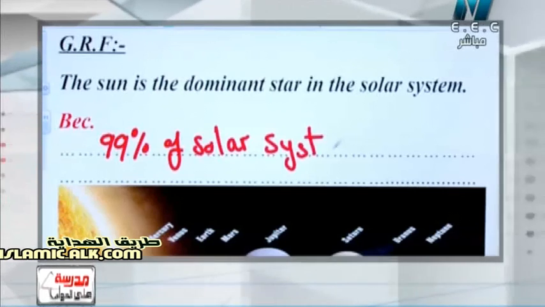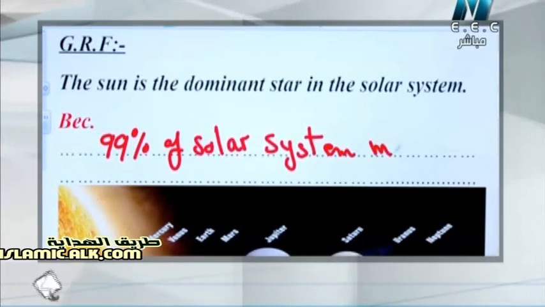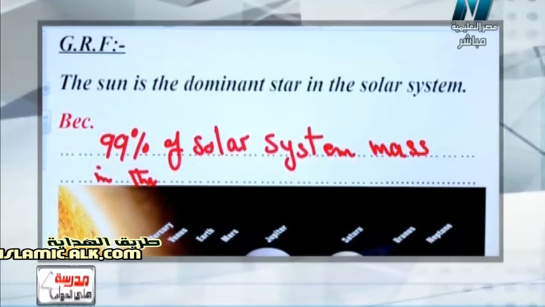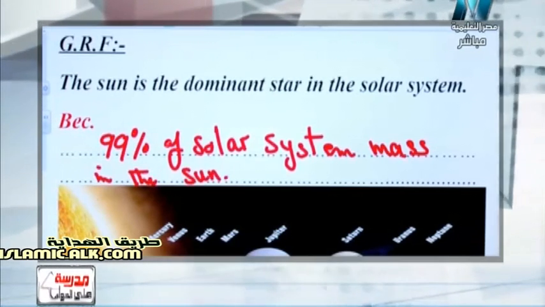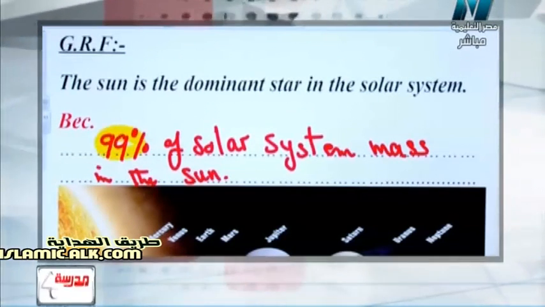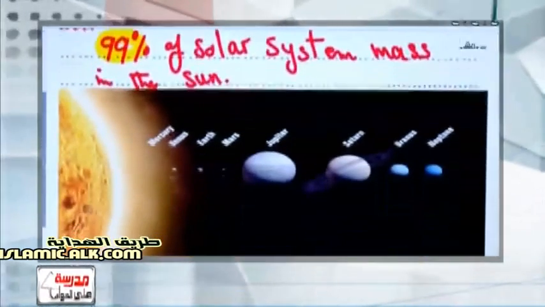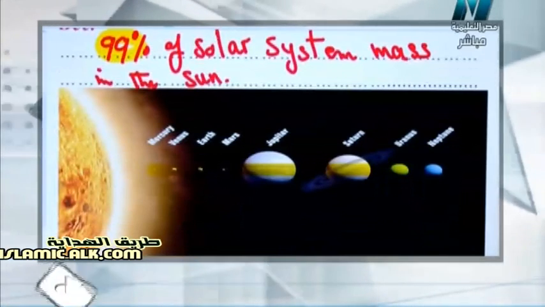So 99% of the solar system mass is in the sun, and the other 1% is distributed between the planets, meteors, moons and so on.